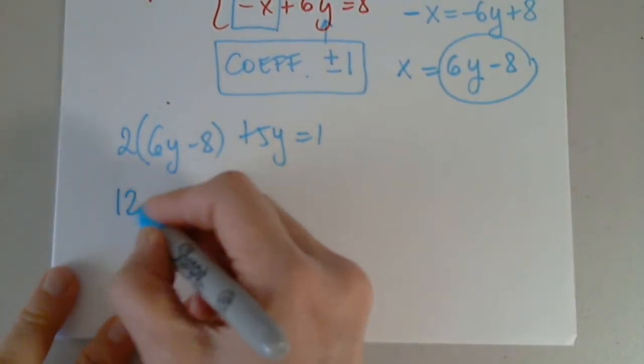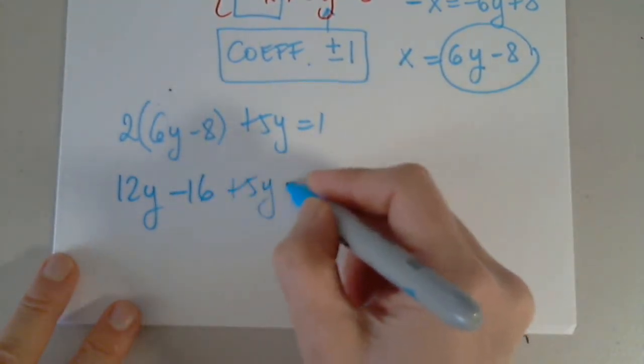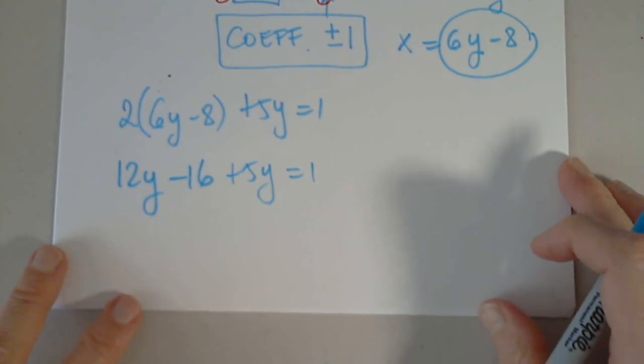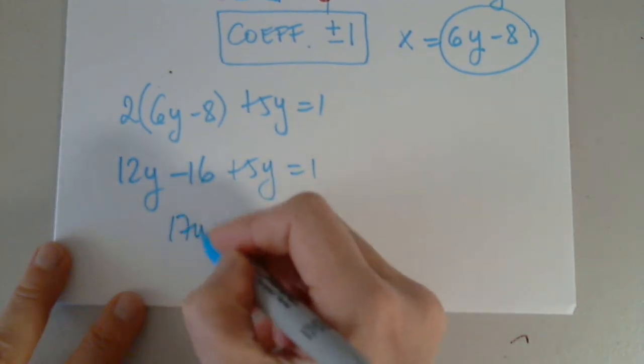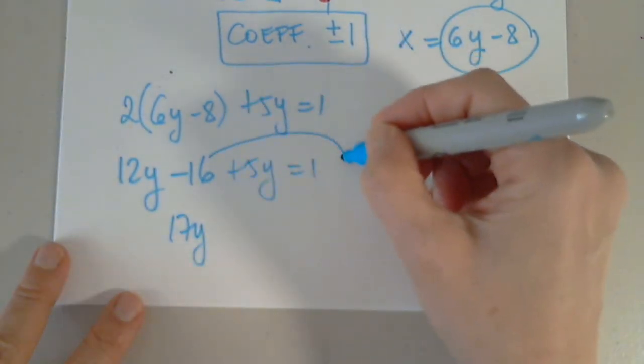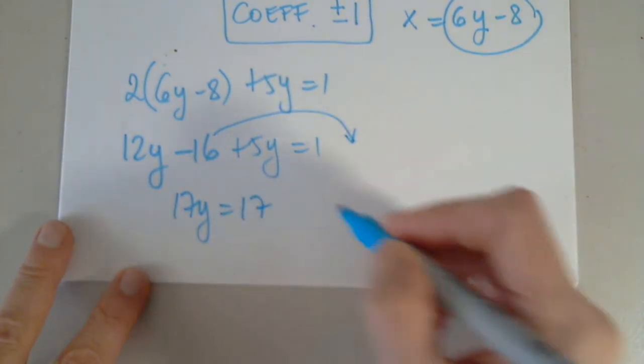Distribute: 12y minus 16 plus 5y equals 1. 12 plus 5 is 17. The negative 16 goes to the other side, it becomes positive. Lucky me, 1 plus 16 is 17.